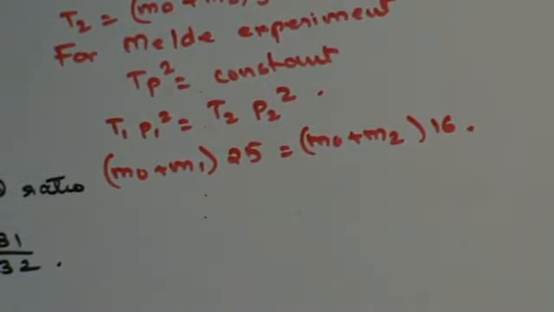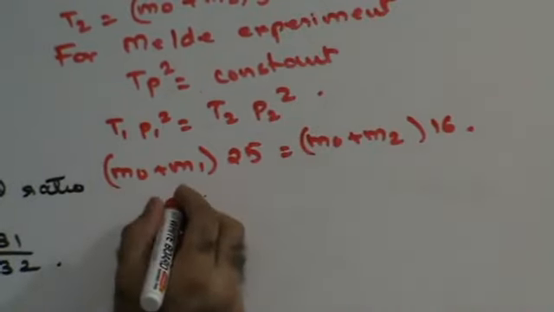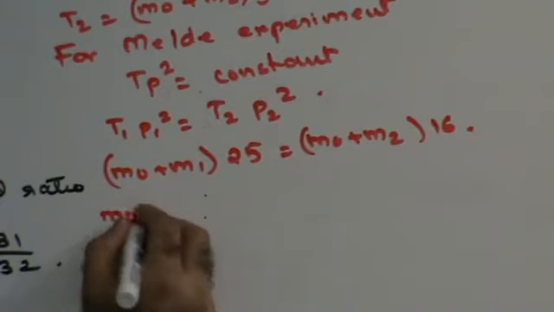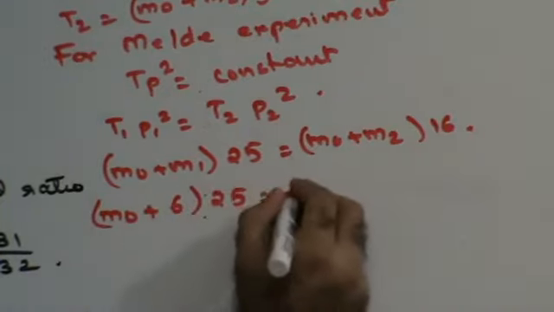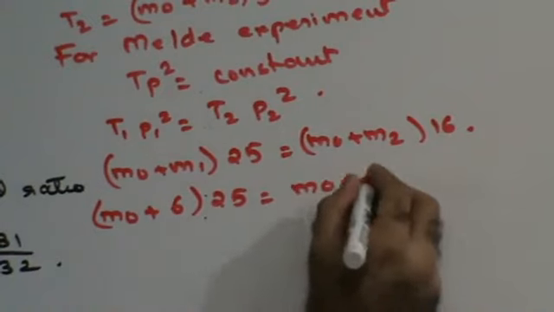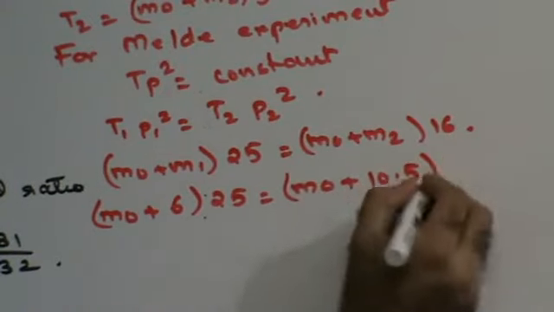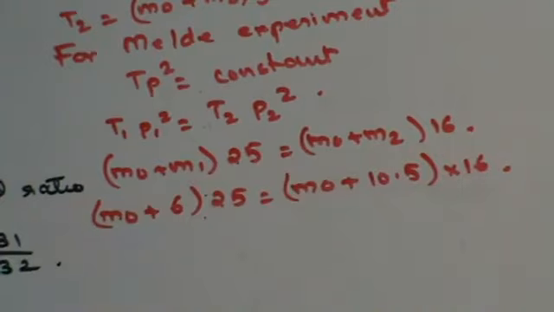You know the values of m1 and m2 also. So (m0 plus 6) into 25 is (m0 plus 10.5) into 16. When you solve this, you will get the value of m0, right?